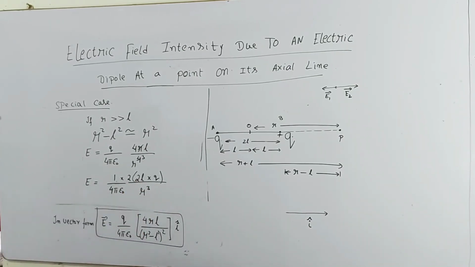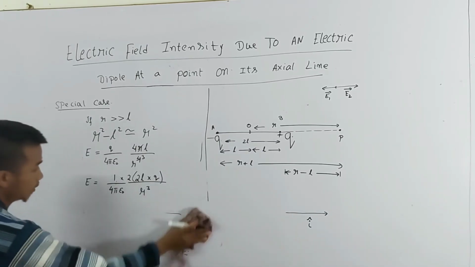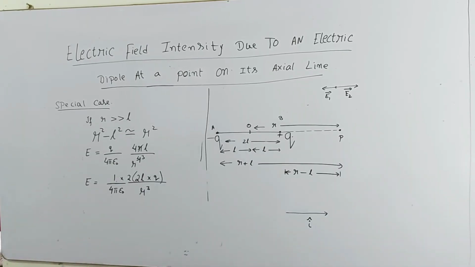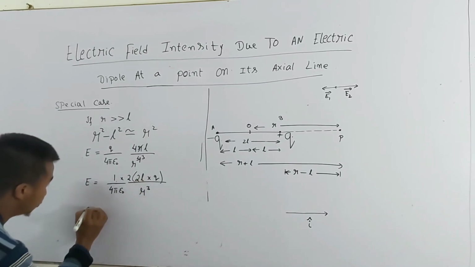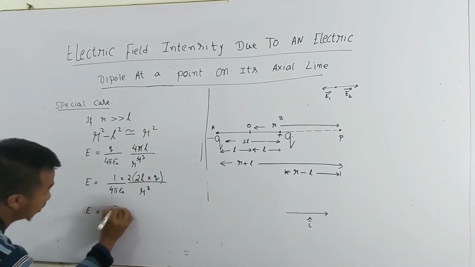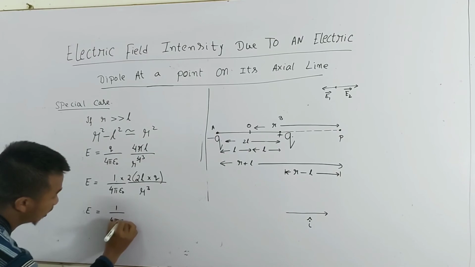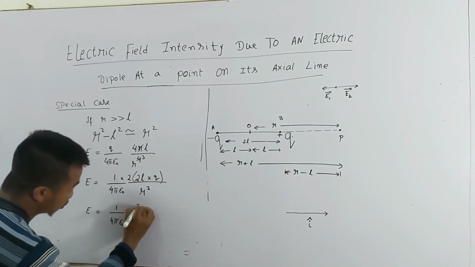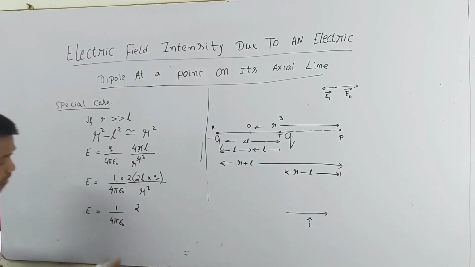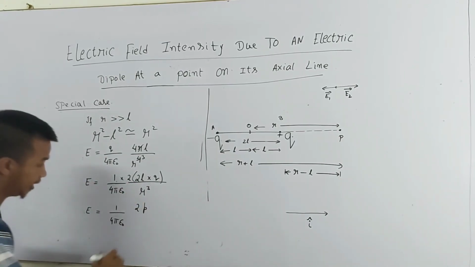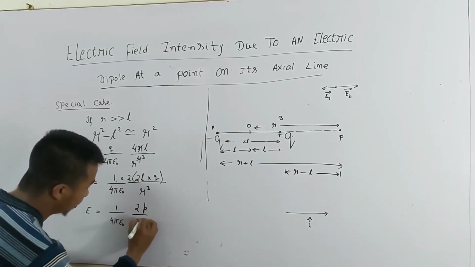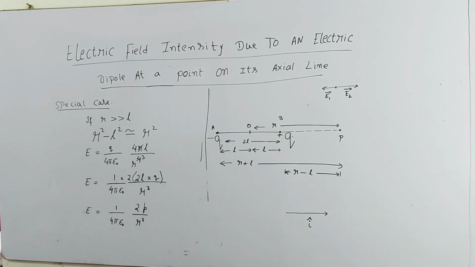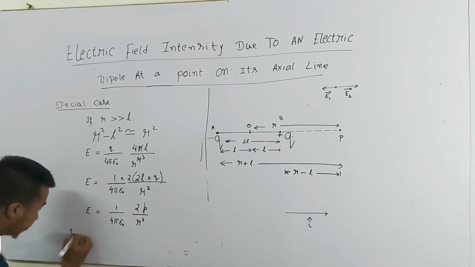So what is this 2L into Q? E is equal to 1 by 4 pi epsilon naught, twice 2L into Q is P. It is the dipole moment, the magnitude of the dipole moment, divided by R cube.